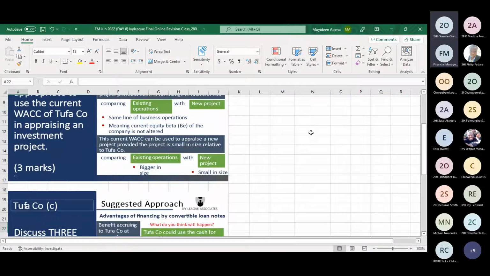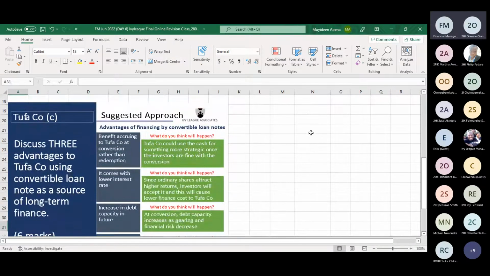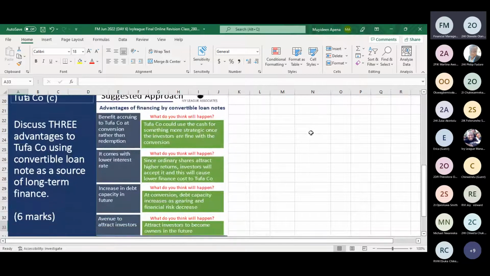Now, the C part of the question says, discuss 3 advantages to TUFACO of using convertible loan note as a source of long-term finance. So what makes convertible loan note a good one? First is that there is a benefit accruing to the company at conversion rather than redemption. So what is that benefit?